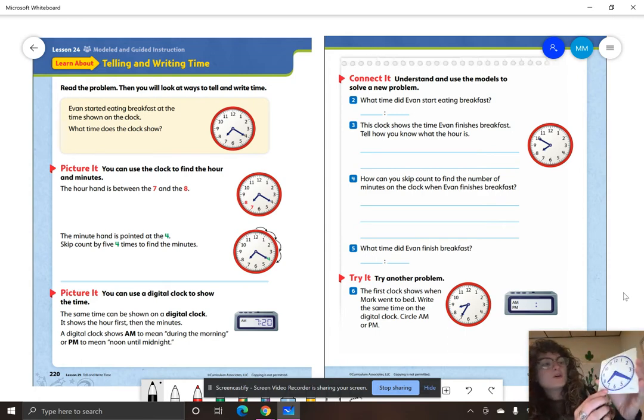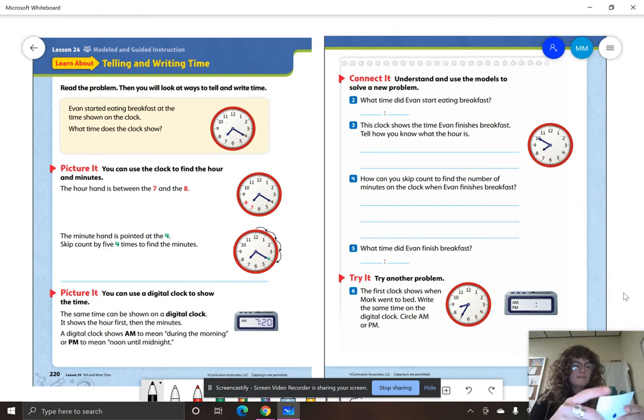All right. So when it is 7 o'clock, we start at the 12. When our minute hand is touching the 12, that is at 0 minutes. We are starting a new hour. But as the minutes pass, our hand is getting closer to 8 because that will be the next hour.